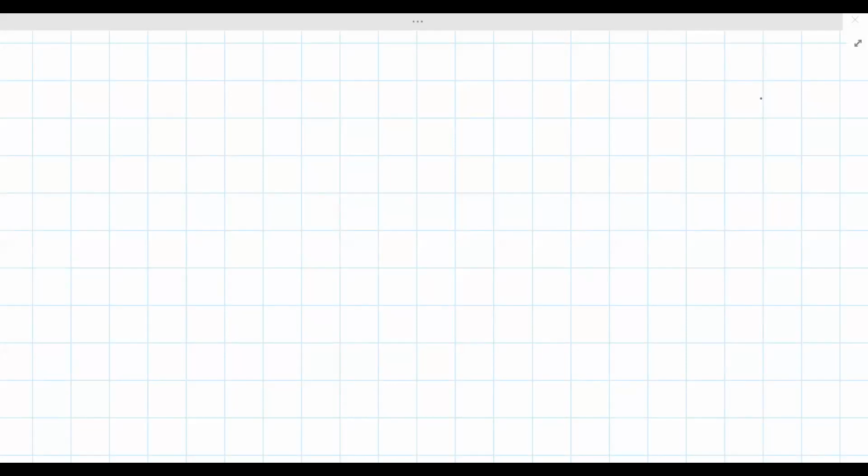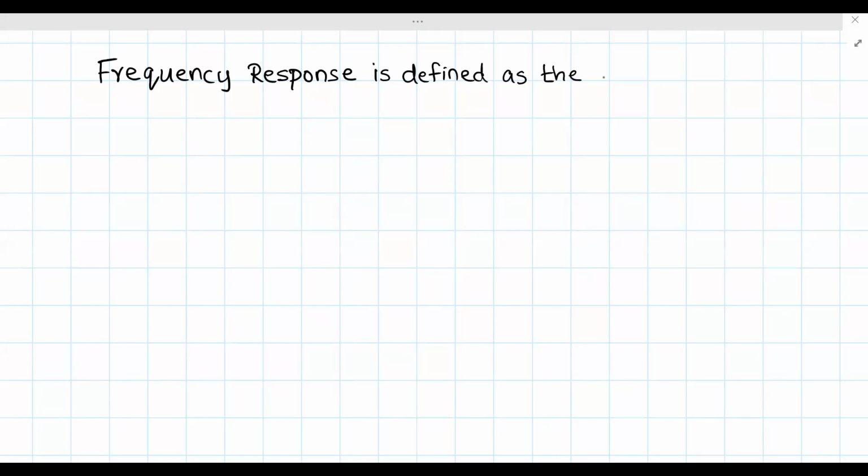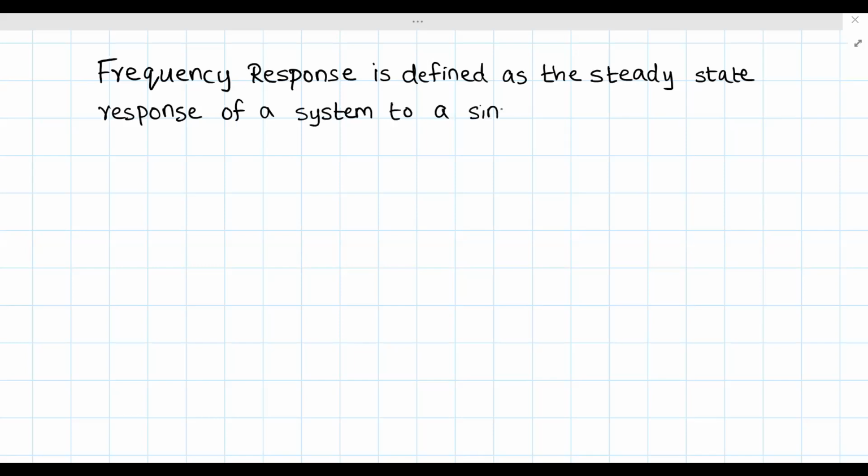Frequency response is defined as the steady state response of a system to a sinusoidal input.